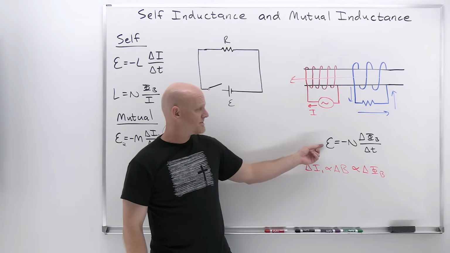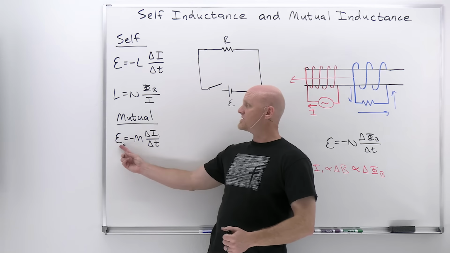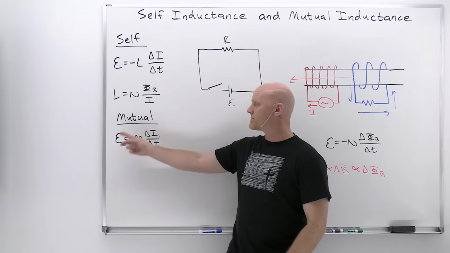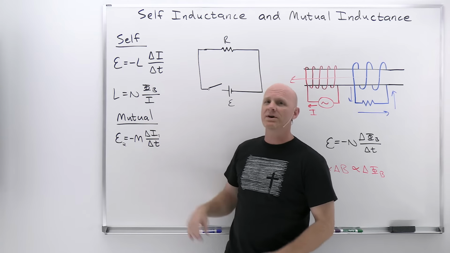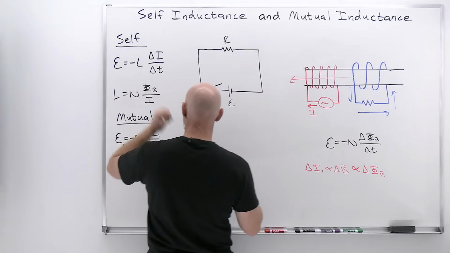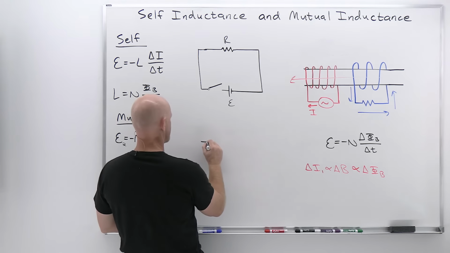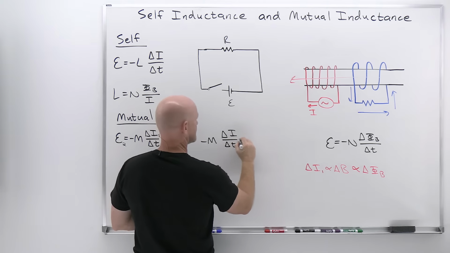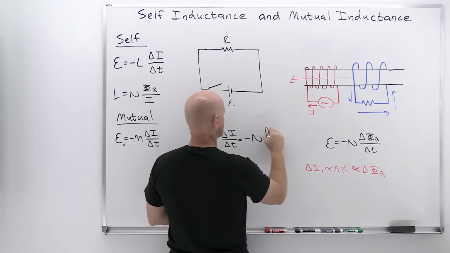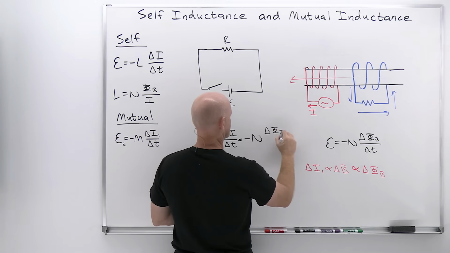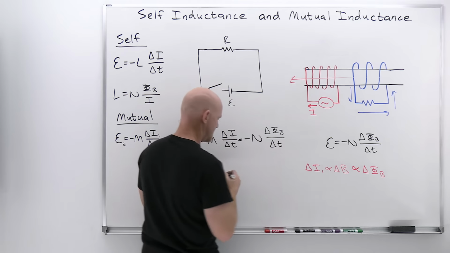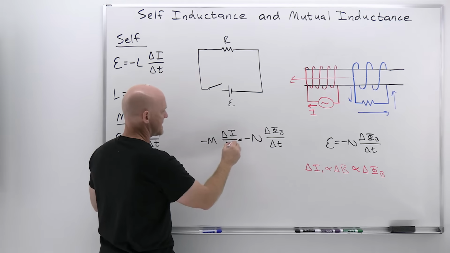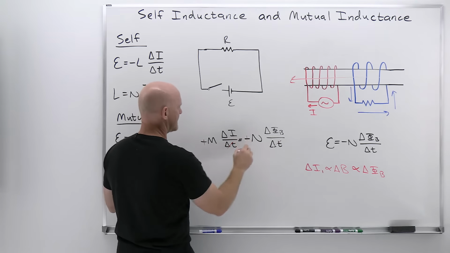Now the induced EMF, as shown by Faraday's law, and the induced EMF here according to our formula for mutual inductance, again, those are the same EMFs, and we can set them equal to each other just like we did with self-inductance. And so in this case, negative M delta I over delta T is going to equal negative N, change in magnetic flux, over change in time. And once again, change in times are going to cancel, the negative signs are going to cancel.